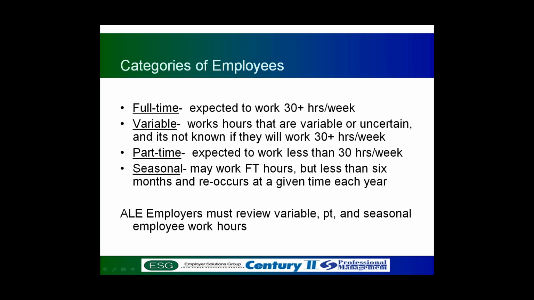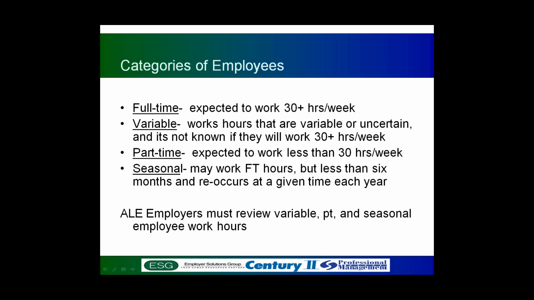A variable hour employee is an individual that we hire on the front end, and their schedule is somewhat uncertain, or it's variable. And we're not sure on the front end whether or not they're going to work 30 hours a week or more or not. That's a variable hour employee. A part-time employee is an individual that we hire, and we expect their schedule to be a fixed schedule working less than 30 hours a week.